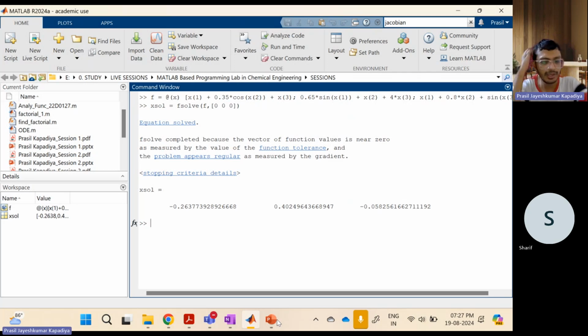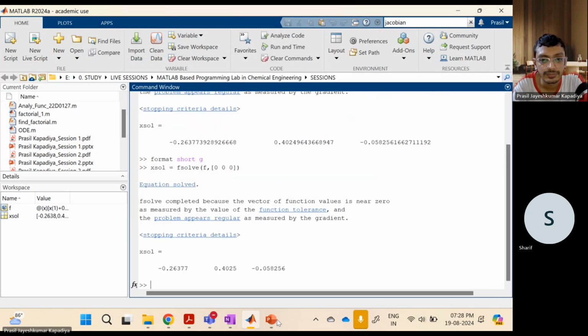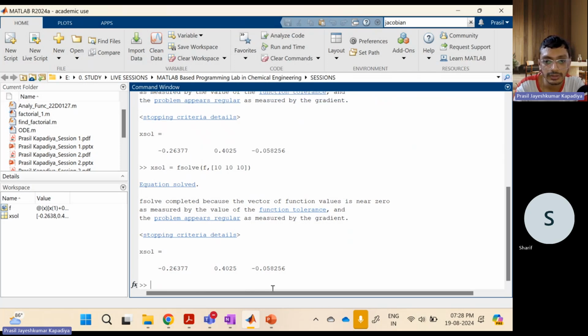Okay, let me do one thing. I don't need this whole long digits. So see, only up to 5 digits, it is showing me the answer minus 0.26377, 0.4025 and minus 0.058256. Let's say I'm changing my initial guess to some random value.